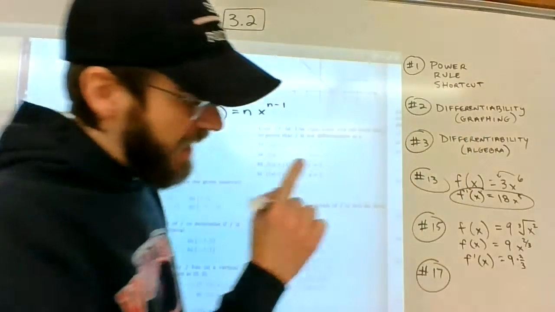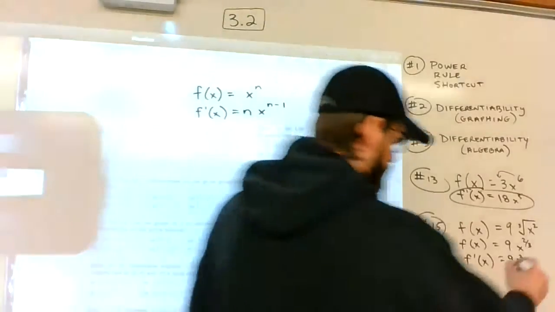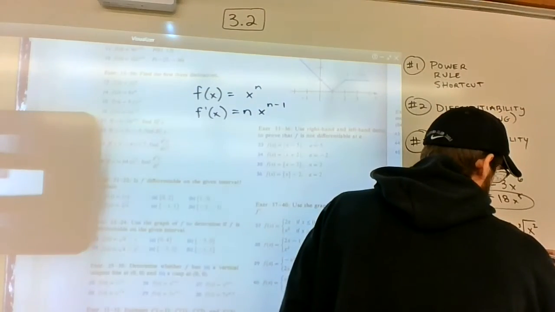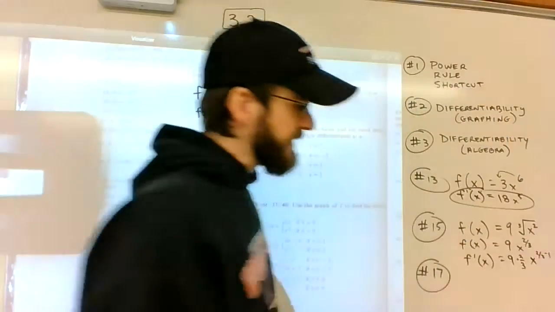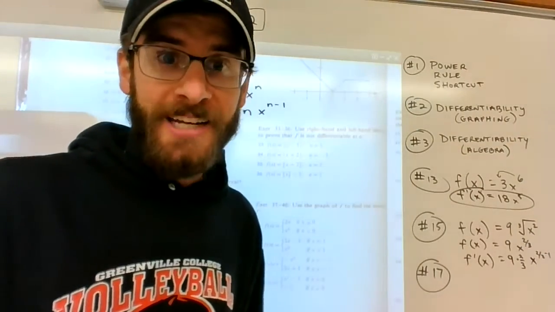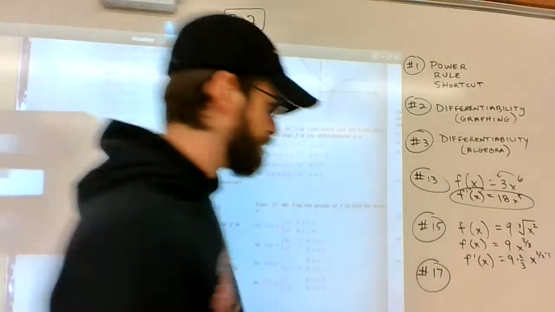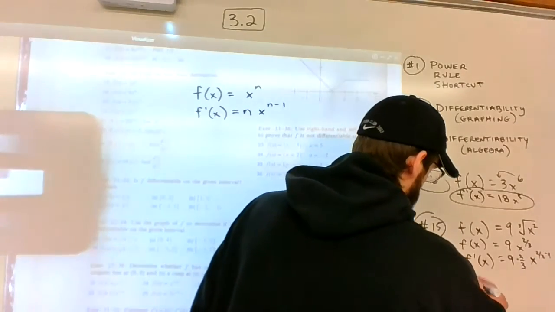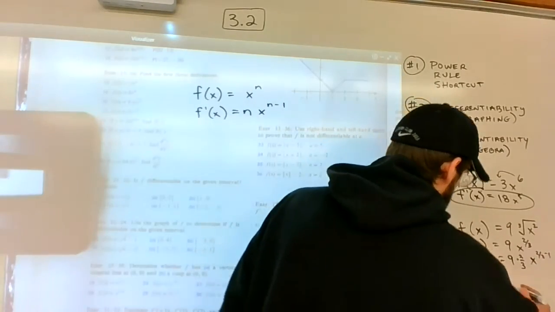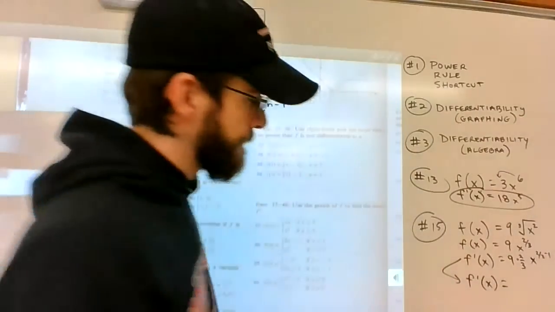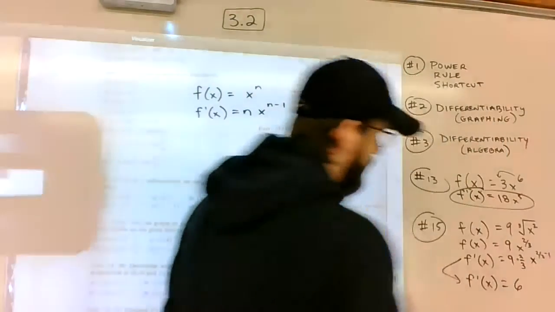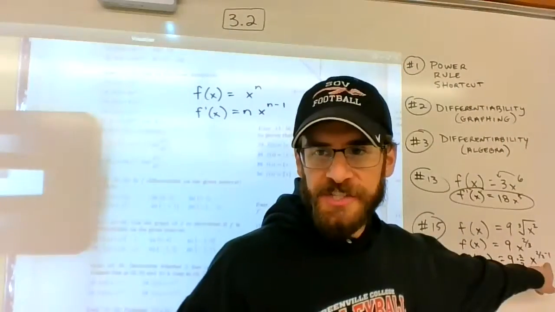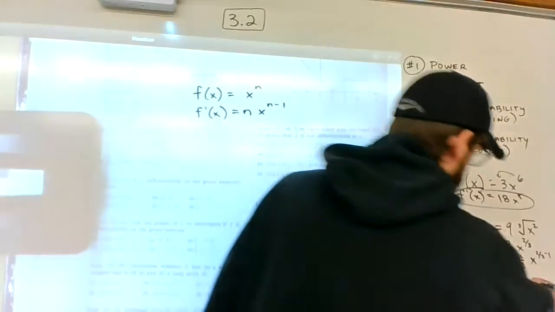So it'd be 9 times 2/3 times x to the 2/3 minus 1. So 2/3 of 9 is 6. 2/3 minus 1 is going to be negative 1/3.